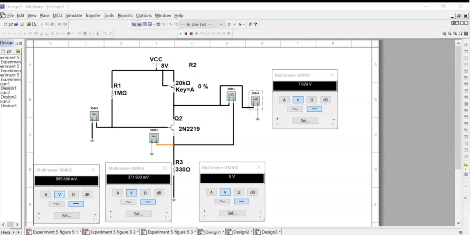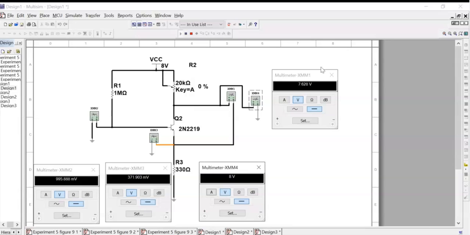Then VB, meter 2, is 0.996 volts. The collector, meter 4, is 8 volts. Then the emitter, meter 3, is 0.372 volts. That will be the condition of the transistor.